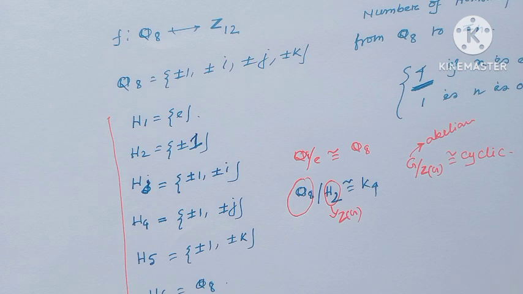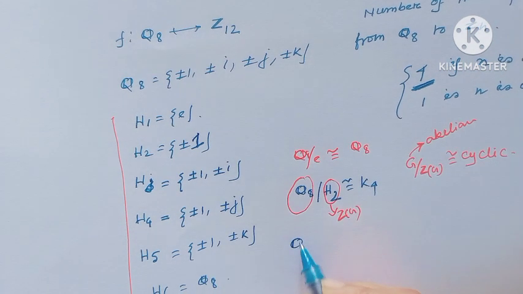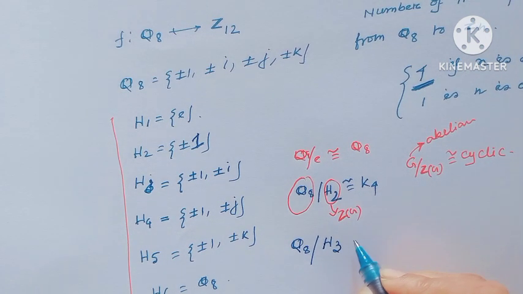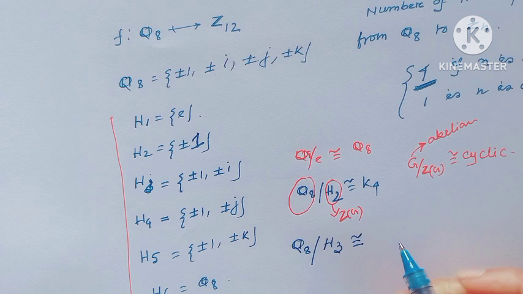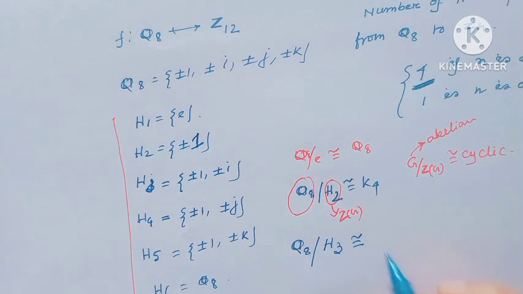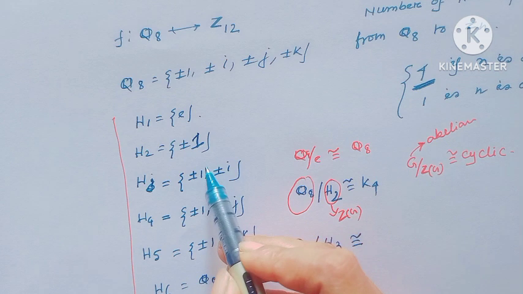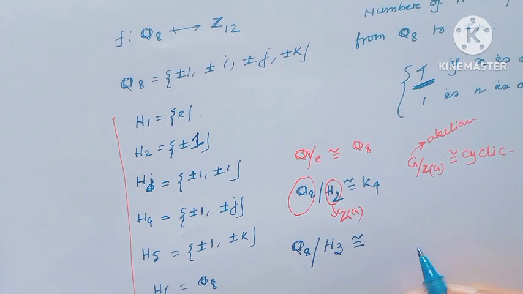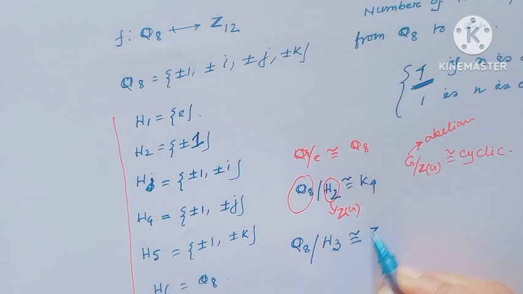And we all know the non-cyclic group of order 4 is K4. Similarly, Q8 modulo H3: since H3 contains plus minus 1 and plus minus i, it has 4 elements, so the quotient is isomorphic to a group of order 2. We all know the group of order 2 is Z2.